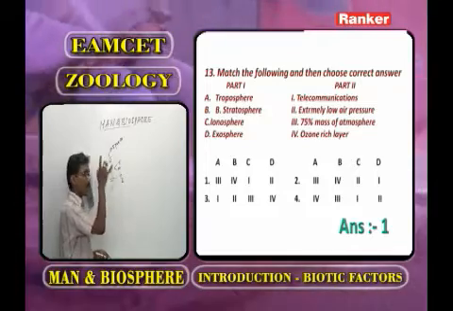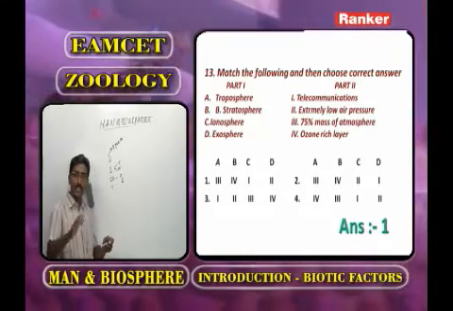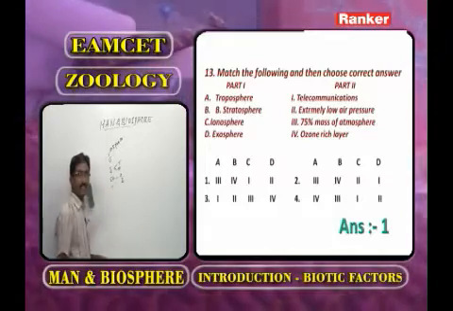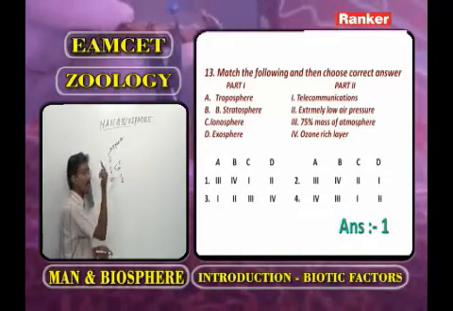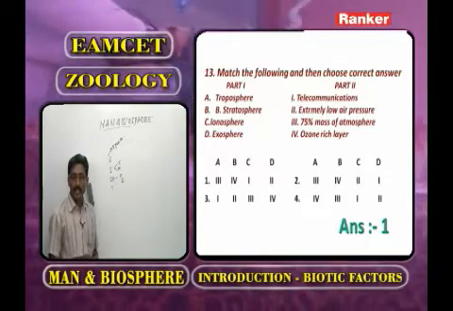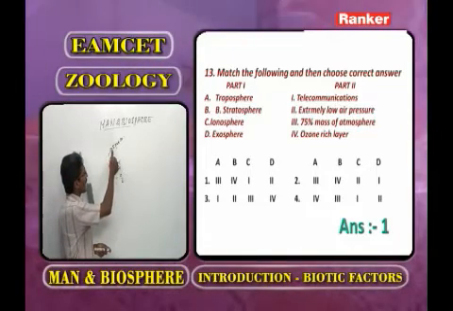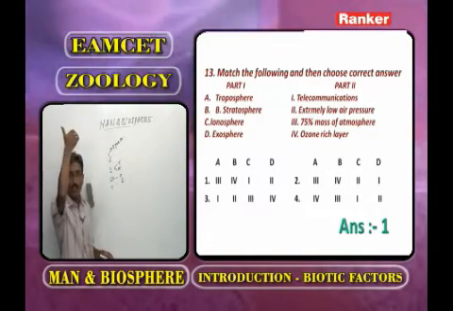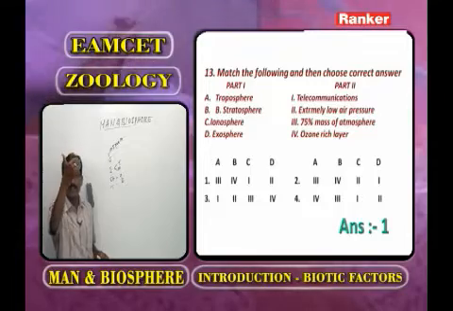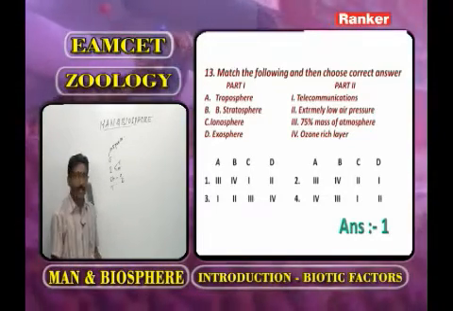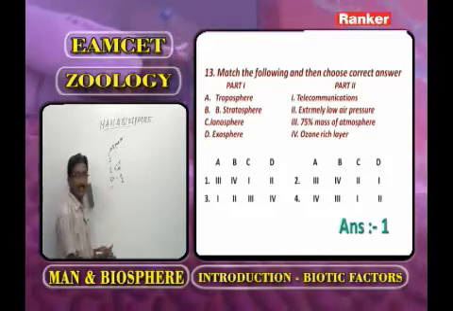So the ionosphere is responsible for telecommunications between distant places. Second one, extremely low air pressure. Above the exosphere, the pressure is very low, so extremely low air pressure is associated with the exosphere.